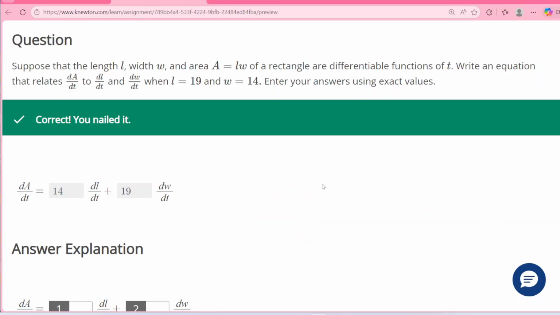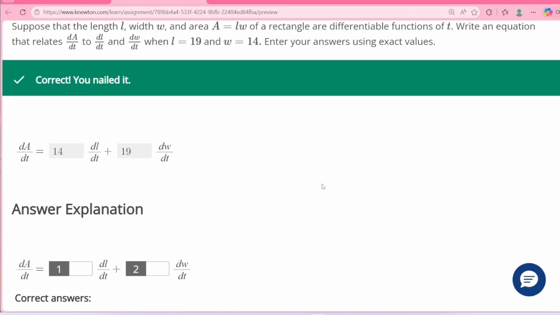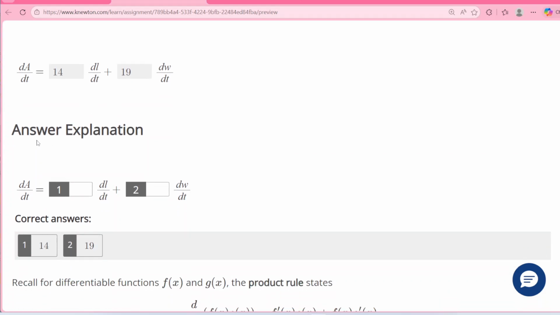All right, then after you submit an answer, you'll be told if you're correct or incorrect, given some encouraging words. Then beneath, you'll always be given this answer explanation. Please read through these, whether you get it right or wrong.